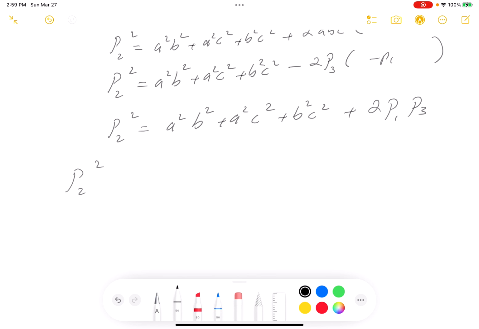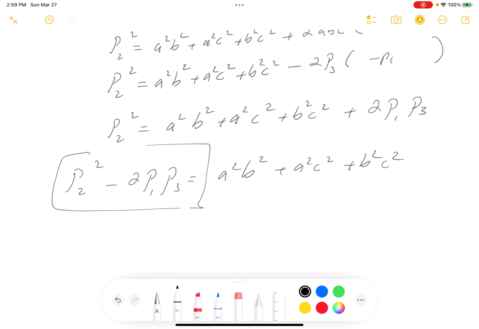P2 squared minus 2 P1 P3 is a squared b squared plus a squared c squared plus b squared c squared. And this is what I want over here. Let's just take a look if I got the answer. You know, mistakes happen, and that's why answer keys are so nice to have. So let's see if I got it. I see that, P2 squared minus 2 P1 P3. Yeah, we're doing okay. Thank you.